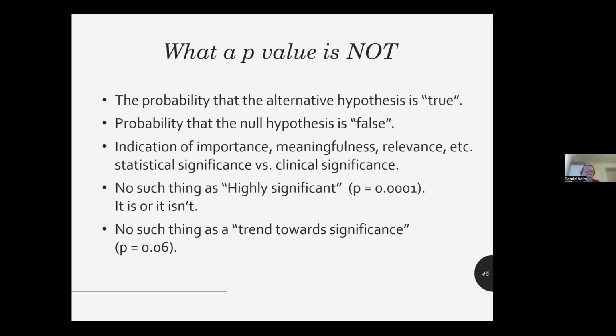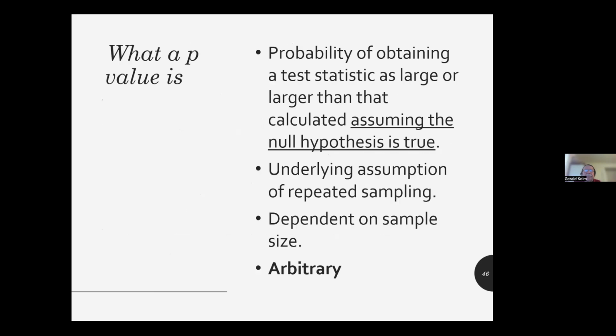If you set your alpha error level at, say, 6%, then 0.06 would be statistically significant. But if you set it at 0.05, then 0.06 is not significant.